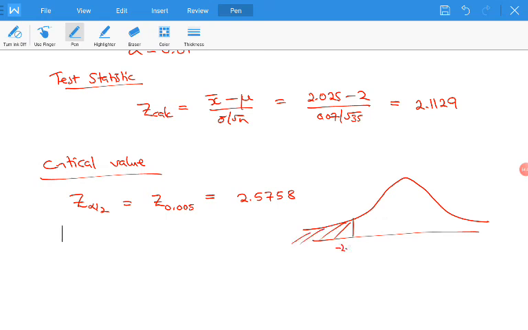So here we have negative 2.5758, and here we have 2.5758.